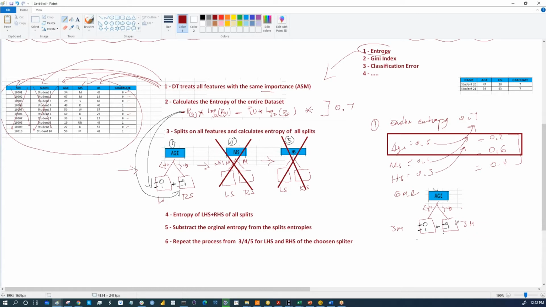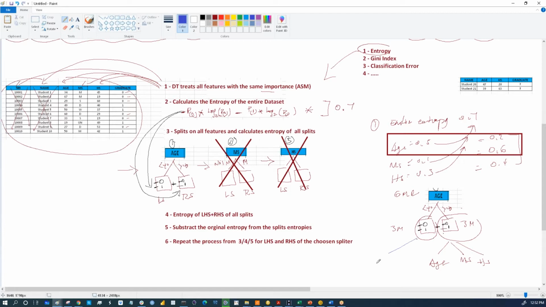So now we are going to split again. We are going to take this left-hand side and split it on age, marital status, and hour spent. And we are going to take this one also, and we are going to split it on what?